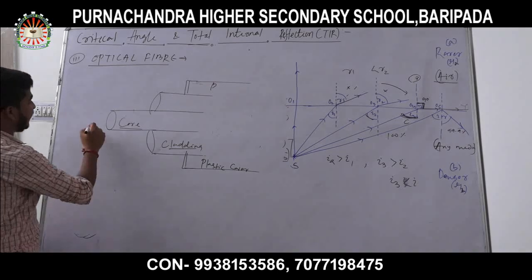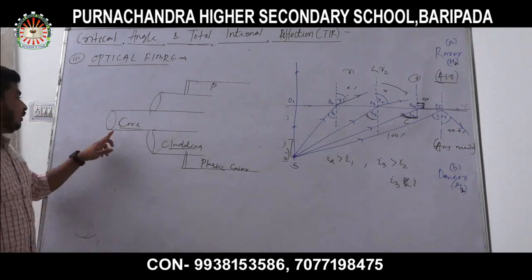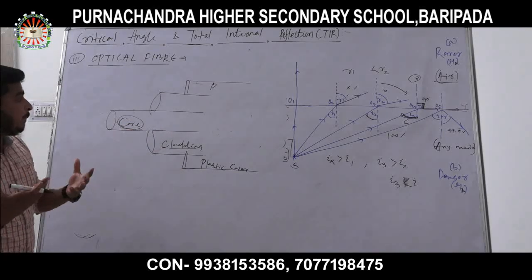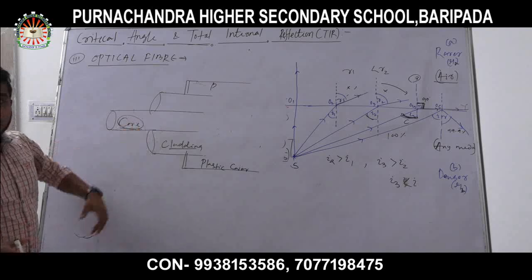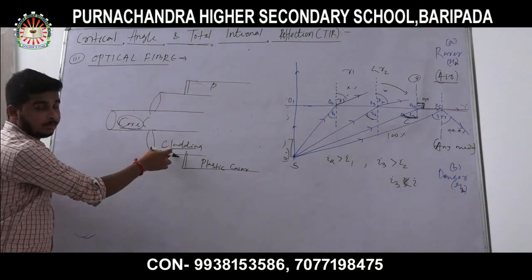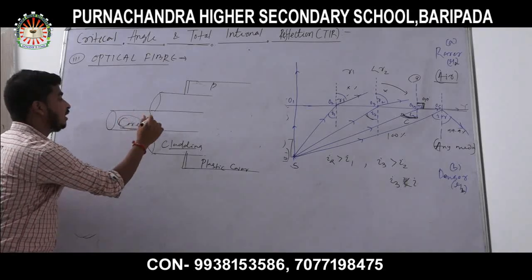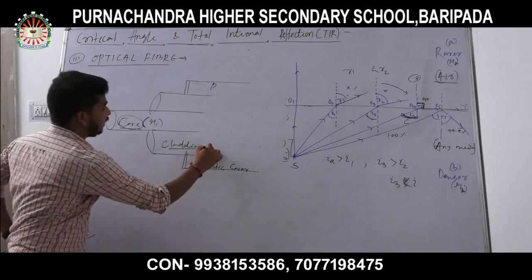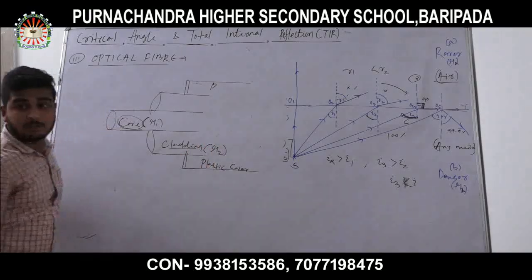This is core, this is cladding, and we make optical fiber in such a way that the core and cladding differ. Suppose the refractive index of core is mu1 and the refractive index of cladding is mu2.